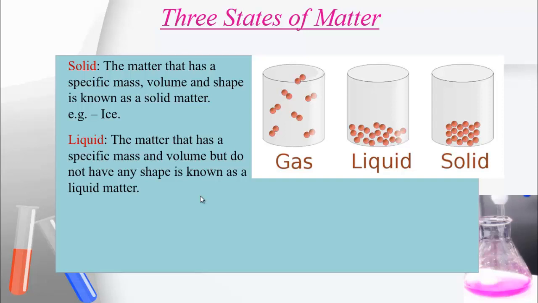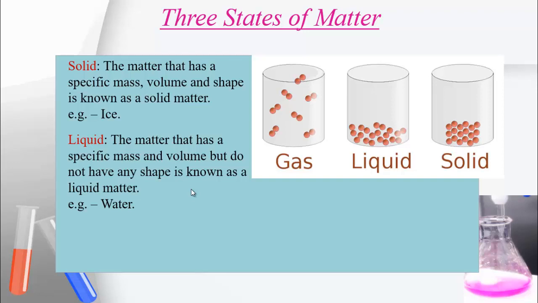When we keep any liquid substance in a pot of different shape, then the liquid will take the shape of the pot. So for this we can say liquid substance has no fixed shape. You can give any one example: water, wine, etc.